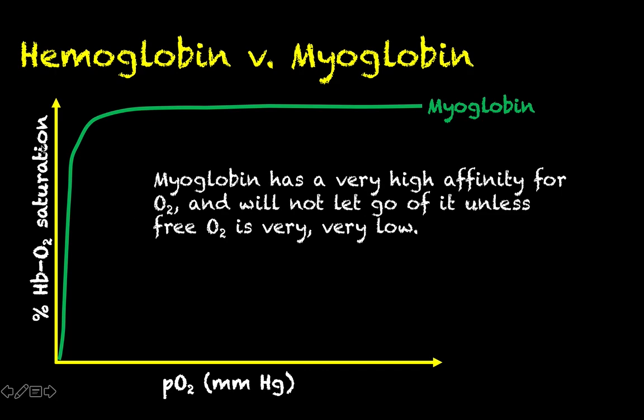The only way to get myoglobin to let go of its oxygen is for free oxygen levels in the cell to reach near zero. So in this regard, myoglobin acts kind of like an oxygen battery so that it will release its store of oxygen only when muscle fibers start to critically run low on oxygen levels.